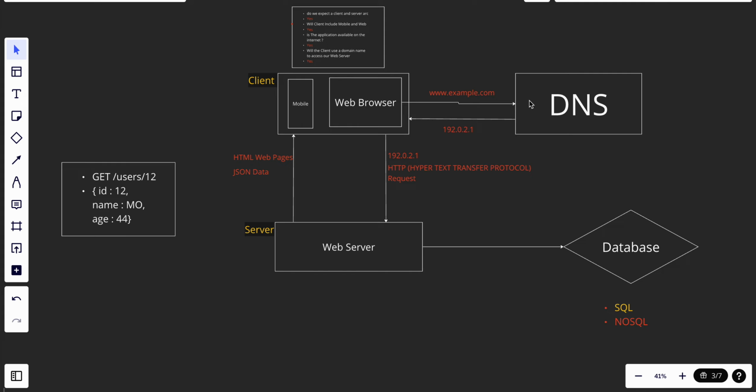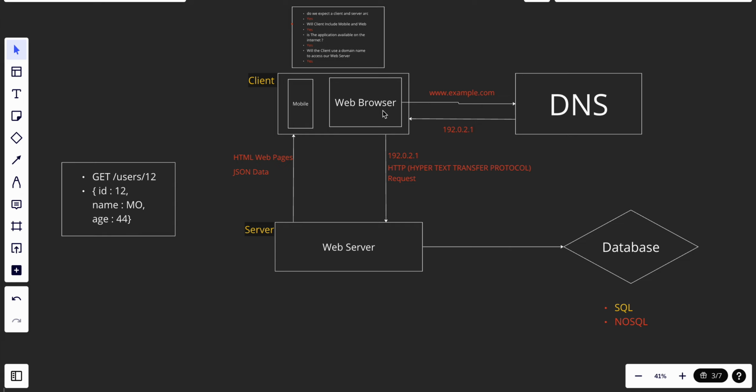It sends the domain name, and the DNS service sends the client the IP address, and the client connects with the web server over the HTTP protocol, and the web server has the privilege to read and write data from the database.